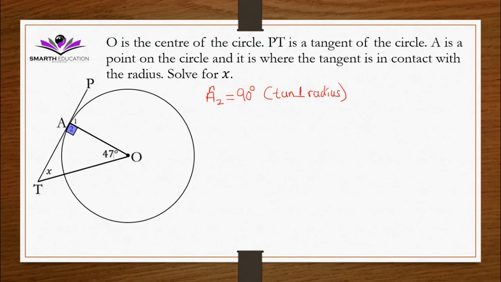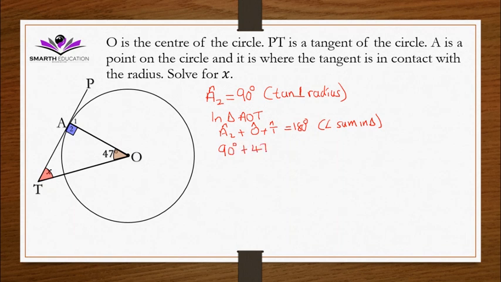And then now we have the interior angle of triangle AOT. So in triangle AOT, we can see that A2 plus angle O plus angle T is equal to 180 degrees, because this is angle sum in triangle, meaning that A2 we got that is 90, and then angle O there is 47 degrees.